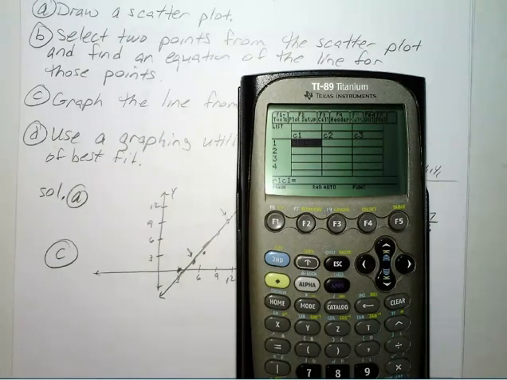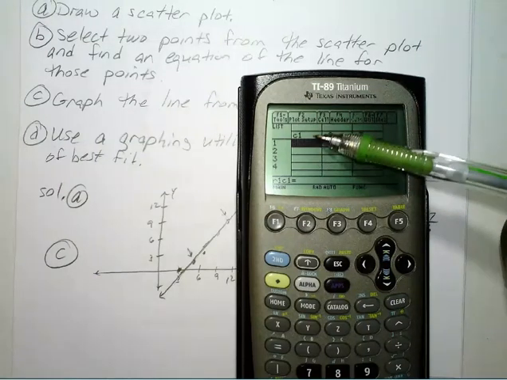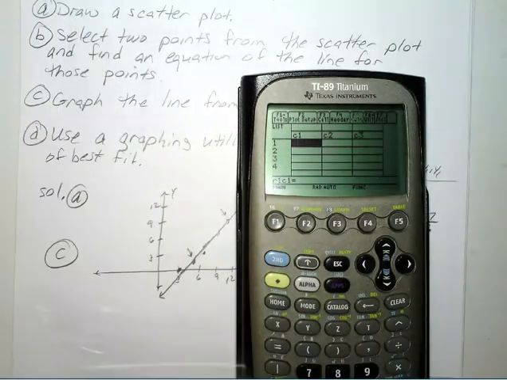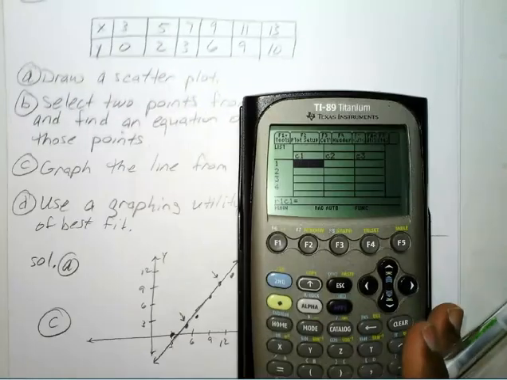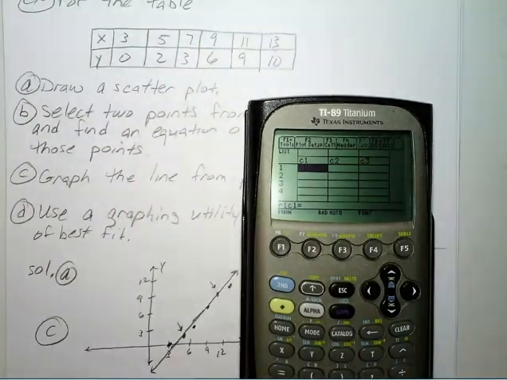Okay, now C1 is all of our X values. So all the X values, let me put the list down here, we're going to put into our C1. Okay, so you have 3, 5, 7, 9, enter, 11, enter, 13, enter.